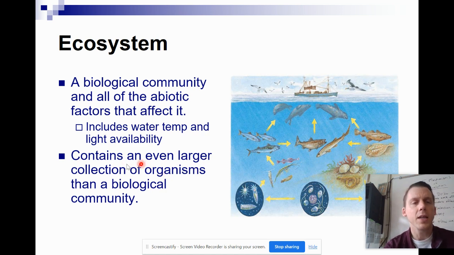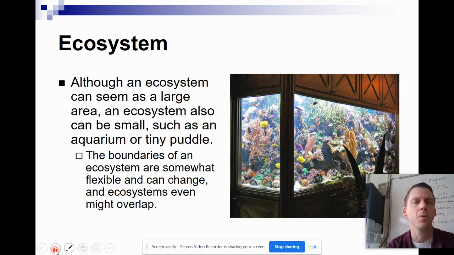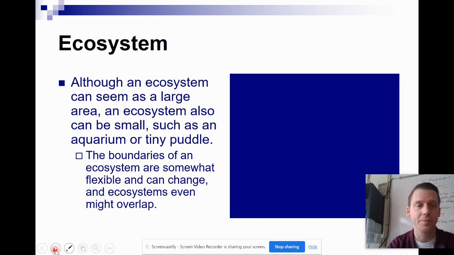So usually we've got a larger collection of organisms than a normal community, plus abiotic factors. Some ecosystems can be kind of small, like a fish tank can be an ecosystem. So when we use the word ecosystem, it's pretty flexible. We can mean many different things by that.